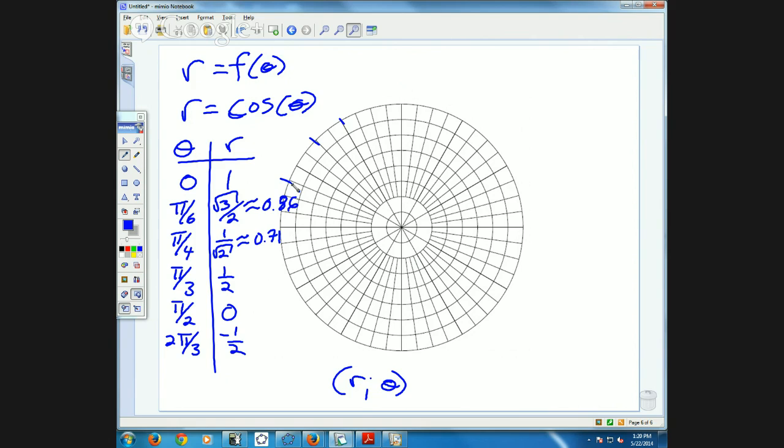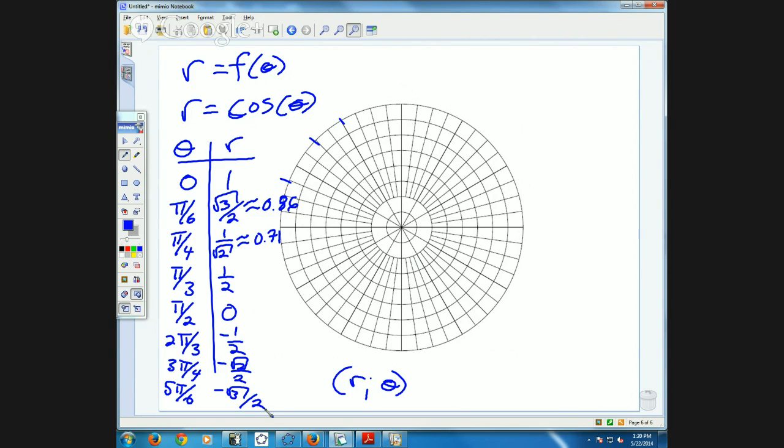What's next? Oh, 3 pi over 4. It's negative square root of 2 over 2. Then 5 pi over 6, negative square root of 3 over 2, and I'm out of room. Our next point will be pi, negative 1.